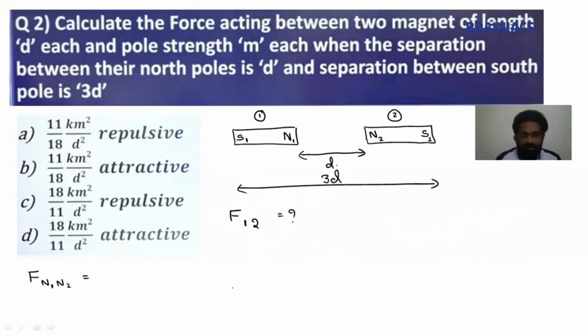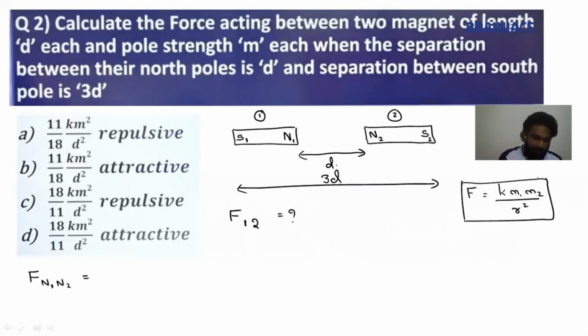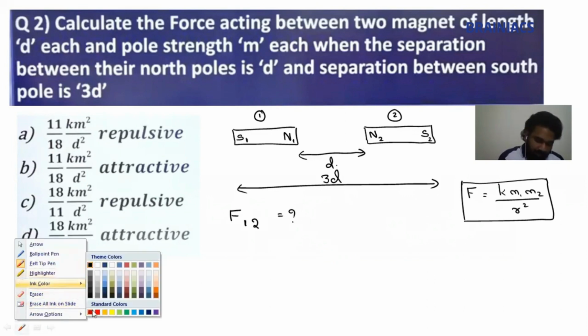Force is equal to K into M1 M2 divided by R square, the distance between them. This is the general formula, so we will apply it here. Their pole strengths are the same, so K M square divided by D square, where D is the distance between N1 and N2. This is going to be repulsion.